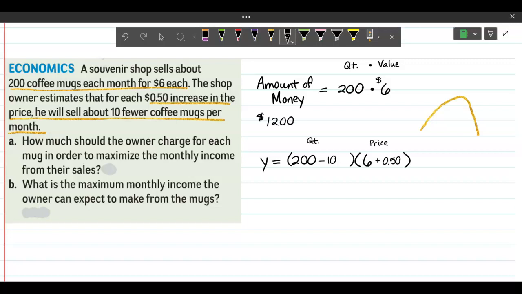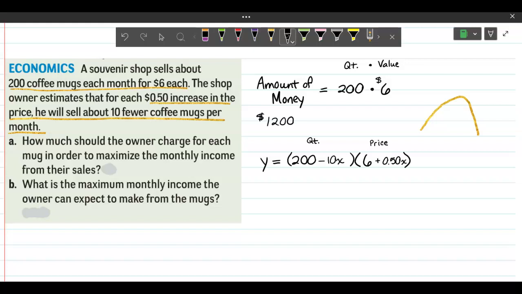We're going to increase it more than once, but we don't know how many times. So that's why we have to put a variable with it, because we do not know how many times we're going to add 50 cents to the price. But every time we do, we are going to sell 10 fewer mugs. So if we increase the price to $7, for example, that's 2 50-cent increases. We would sell 20 less mugs.